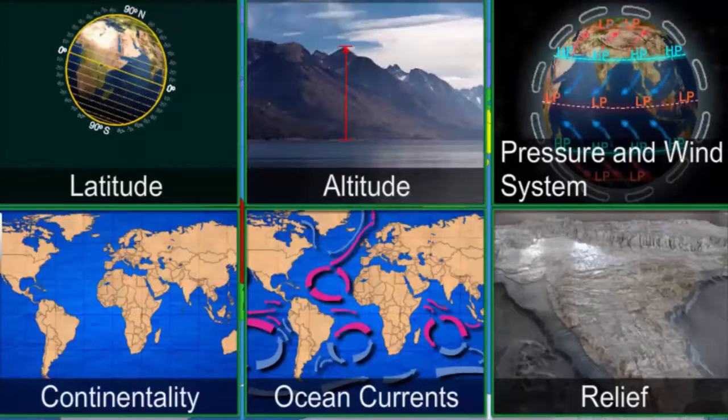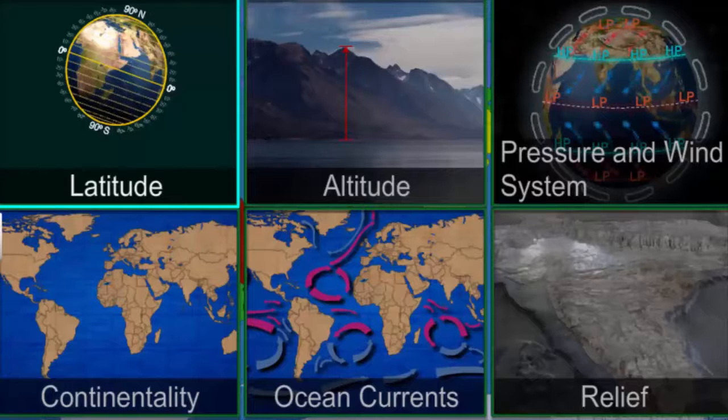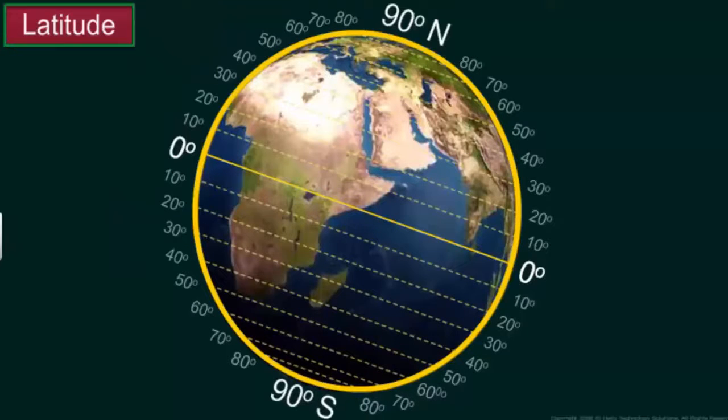The first major control of climate is latitude. Latitude is the measurement of the distance of a location on the Earth from the equator. It is one of the primary factors that affect the temperature of a place.